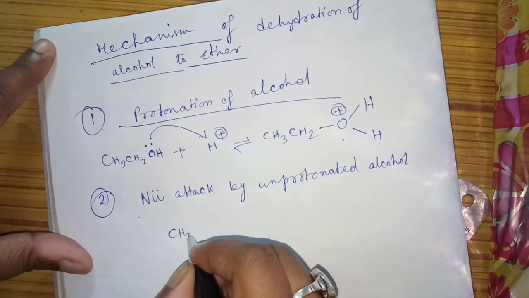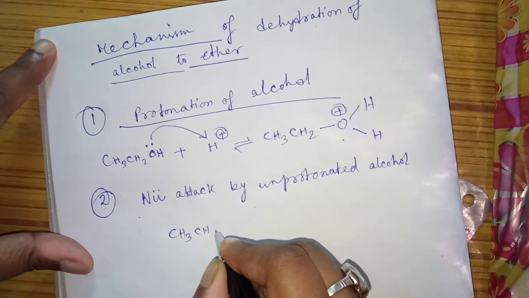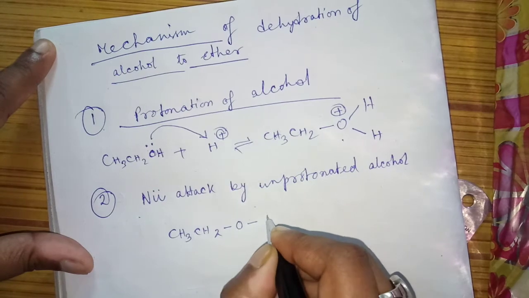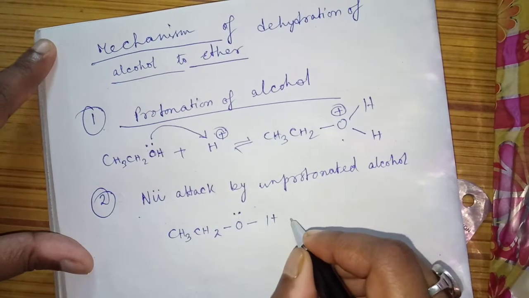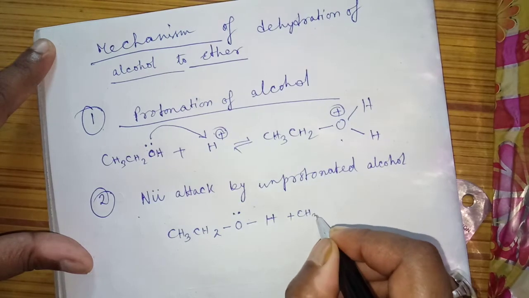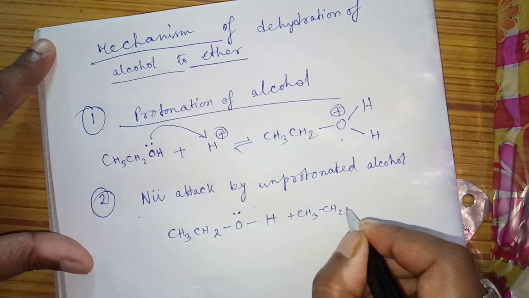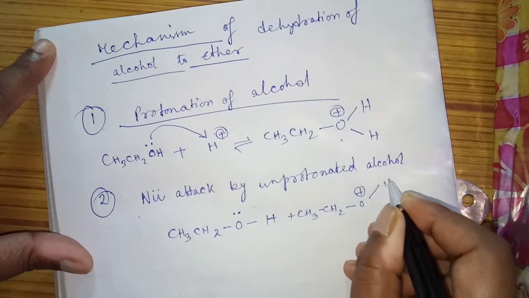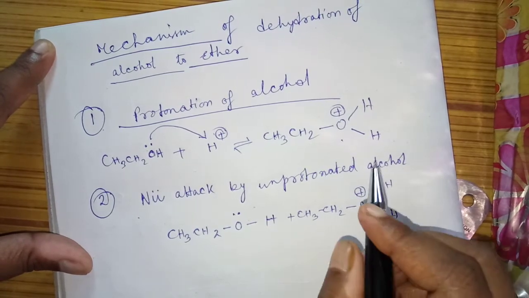That means first of all, one unprotonated alcohol I am writing, CH3CH2OH. It has another lone pair of electrons, and see, it is actually attacking the CH3CH2OH2 plus. Okay. Now what will happen?